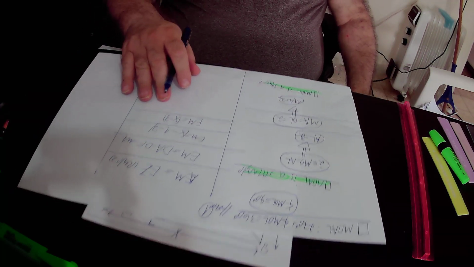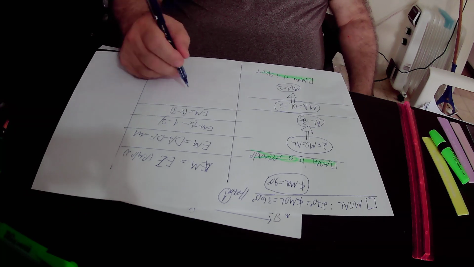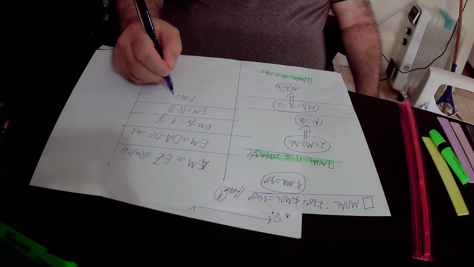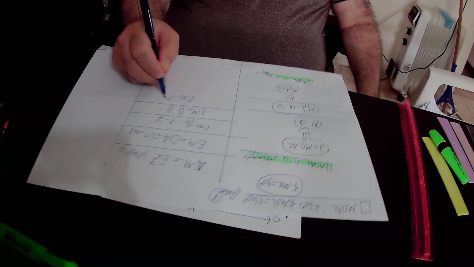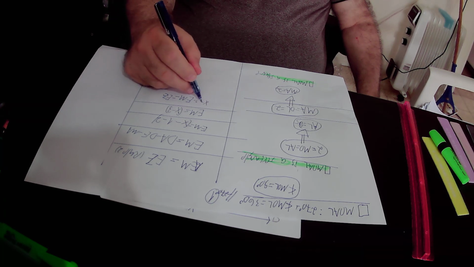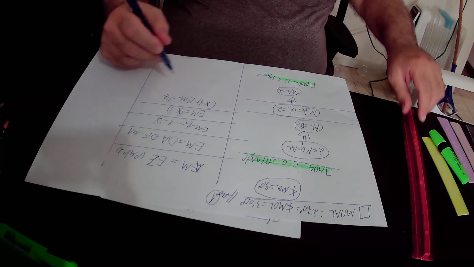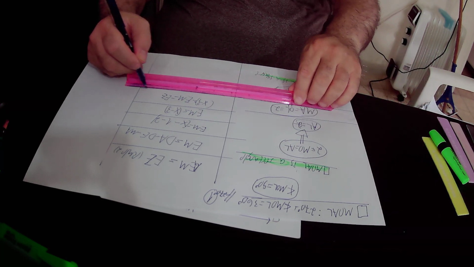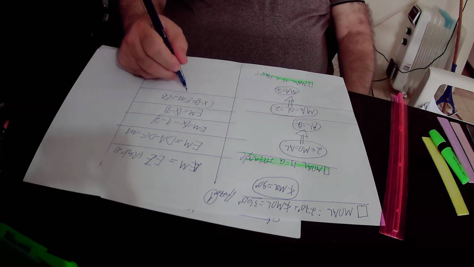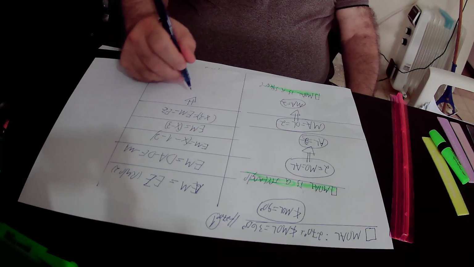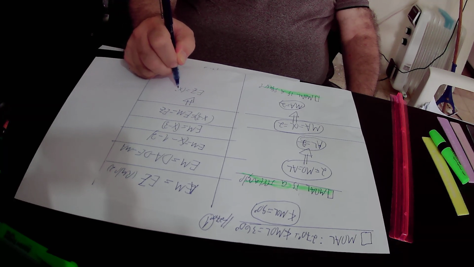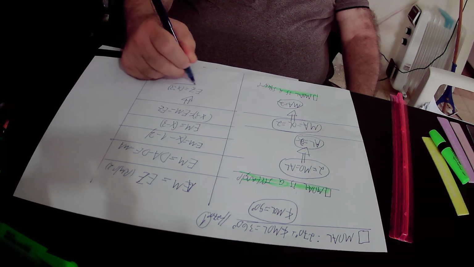Actually, according to rule number 2 we have already found out that EM equals EZ, but we just right now found out that EM also equals x minus 3. And from this equation, x minus 3 equals EM equals EZ, we will derive that EZ is also equal to x minus 3.